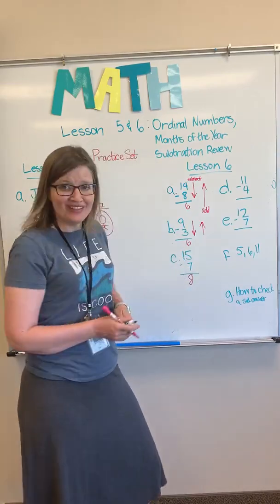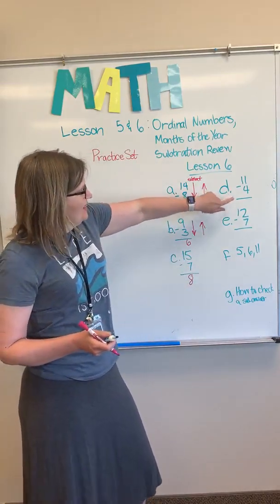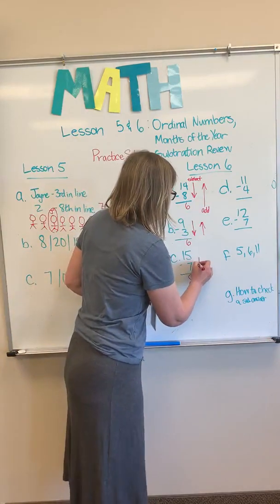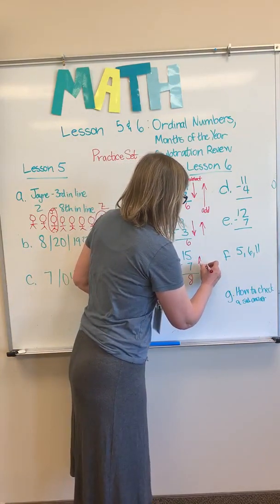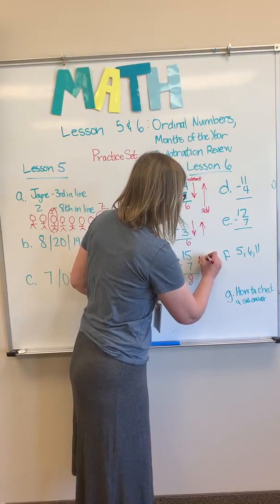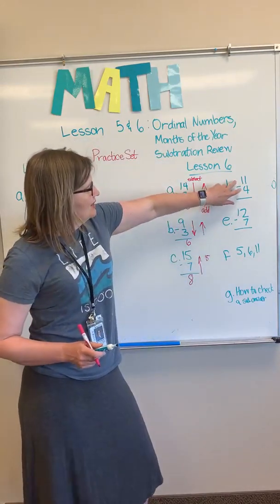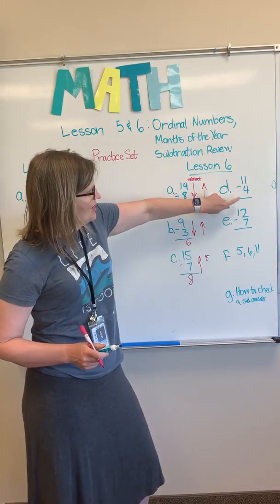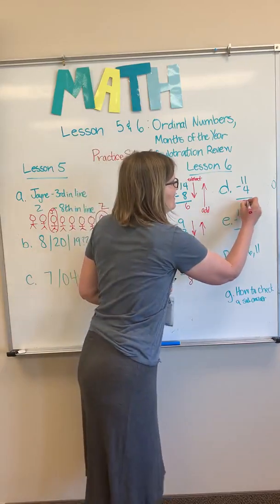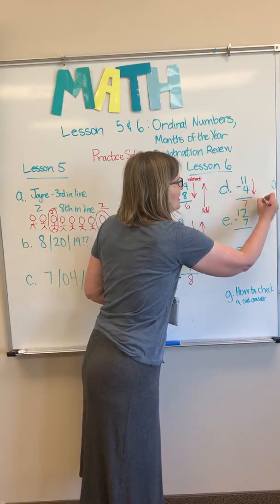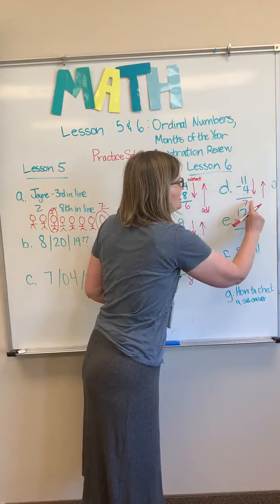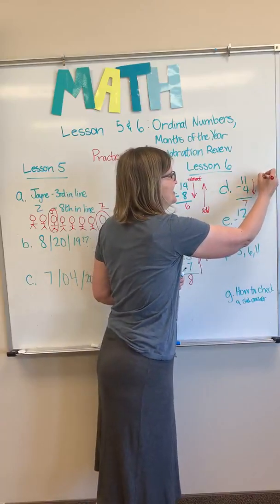It's like a miracle. Yay! And so we go up, and 8 plus 7 equals 15. 11 minus 4 is 7. When we go down, and then when we go back up, 7 plus 4 equals 11.